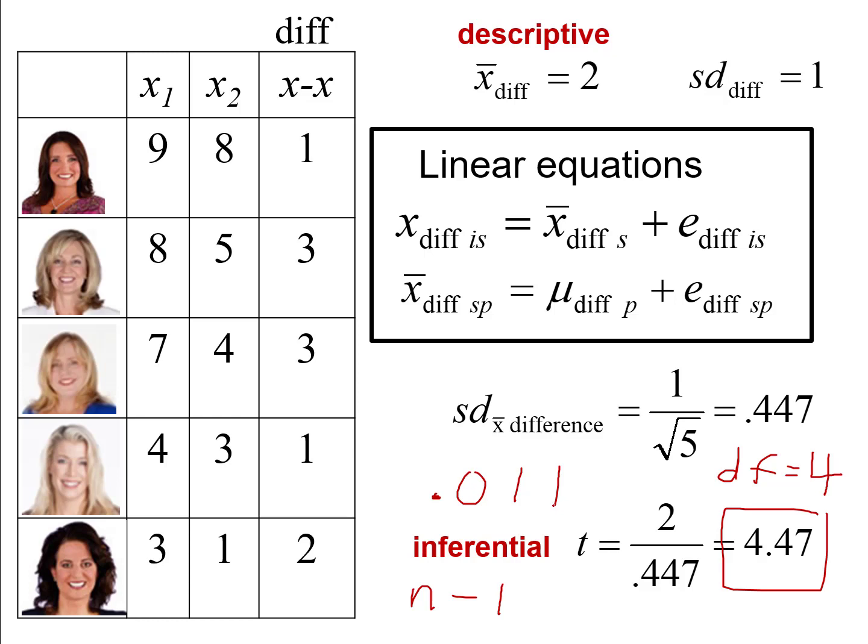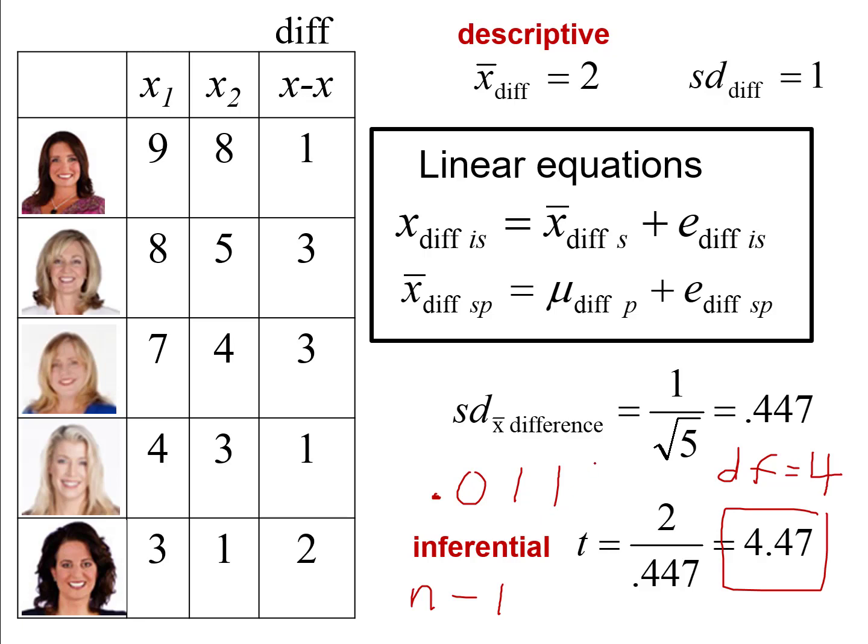So with a paired samples study, even though we're doing all the same things as a single sample study, now we actually have a meaningful null hypothesis. The null hypothesis was that the true mean difference score in the population was 0, and a mean difference score of 0 means there's no change, no effect, no difference between x1 and x2.